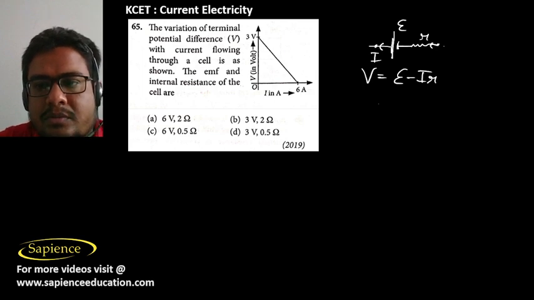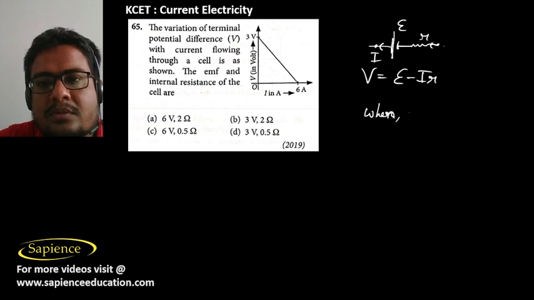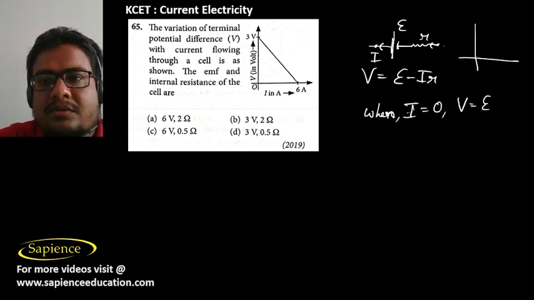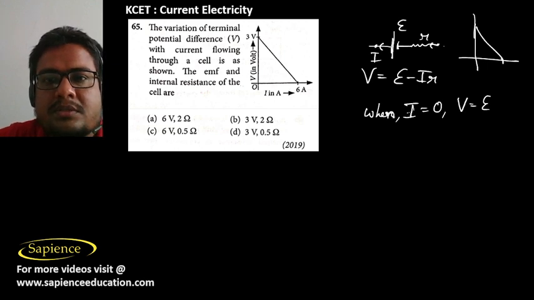So now, this is the V versus I graph. When I is equal to 0, V will be equal to E. So here the graph is like this. When current is 0, it is 3 volt, and when current is 6 ampere, the net terminal voltage is 0.